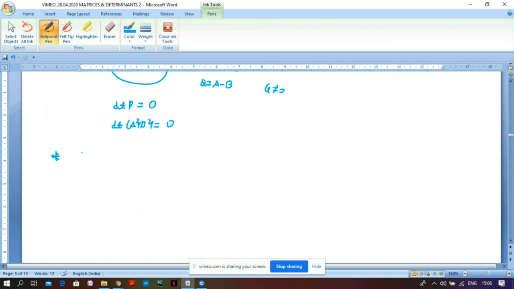Let us again do one important definition, that of an orthogonal matrix.